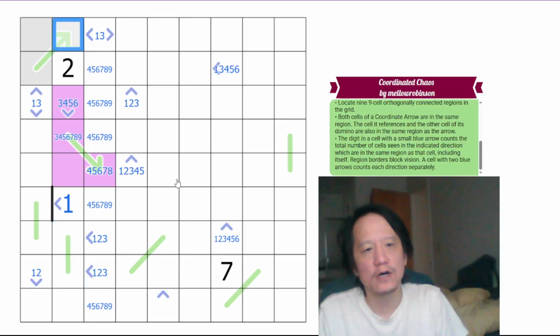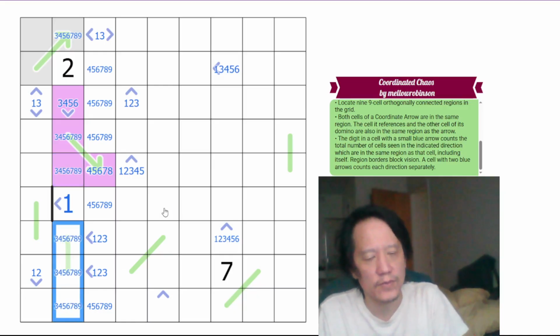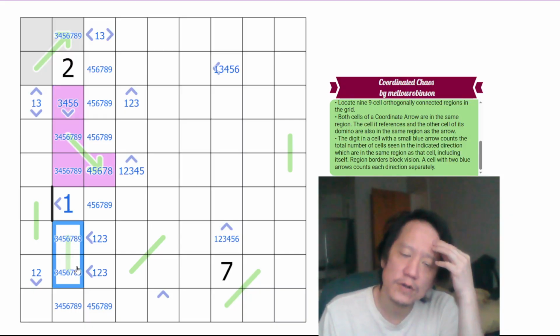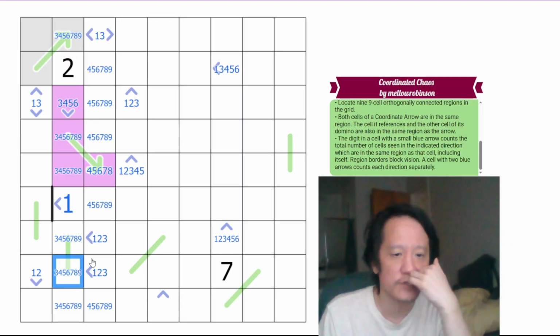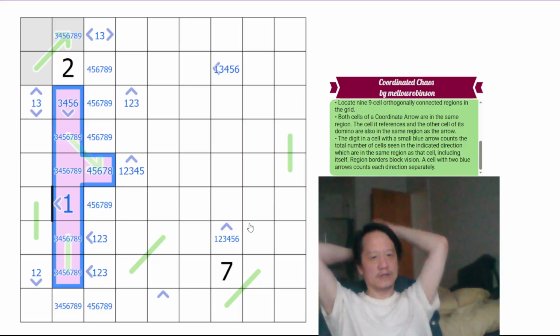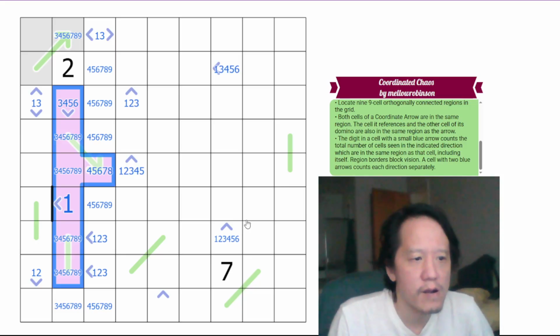Remaining digits in column 2 is 3 through 9, right? So if this is including this cell, is that ever going to be possible to be in the same region? So you would have to have guaranteed this amount. I think the answer to that is no, right? I guess it's... Well, no, it's not really possible.